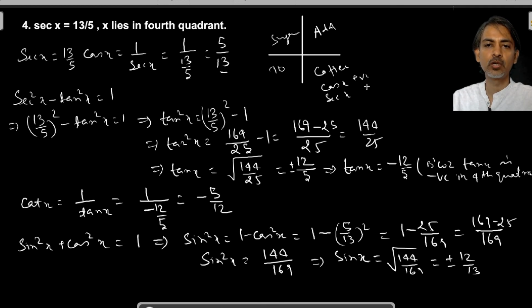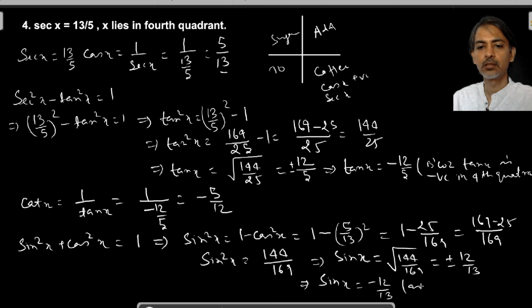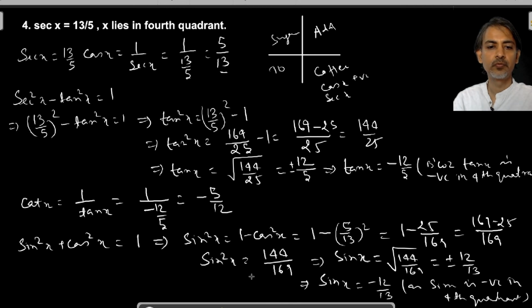But we know that in the fourth quadrant sin x is negative, so sin x equals minus 12 by 13, as sin x is negative in the fourth quadrant, right? So now you got sin x, can you get cosec x? Cosec x is nothing but 1 upon sin x, which will be minus 13 by 12. So we have got all the entities.